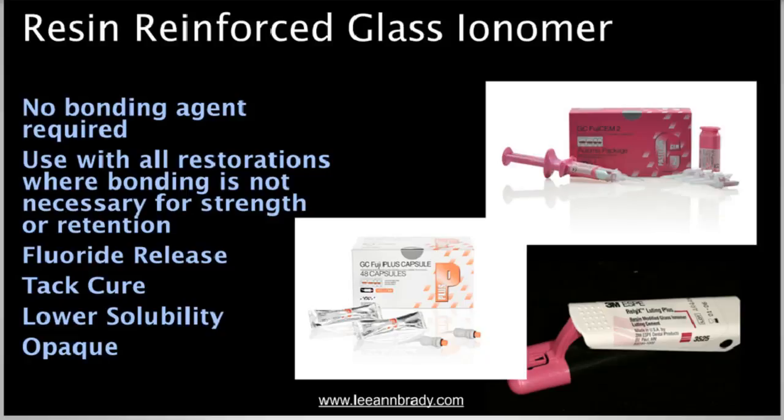You can pick up a curing light, and I typically do somewhere between 5 and 10 seconds, buccal and lingual, and now I've got a gel phase. I can clean that excess cement. Because of the resin, it's also lower solubility, so it's more durable in the oral environment. Again, these are opaque, and we have lots of different delivery systems. If you like an auto-mixing tip, you can have that kind of dispensing system. If you prefer to triturate, you can do that as well.